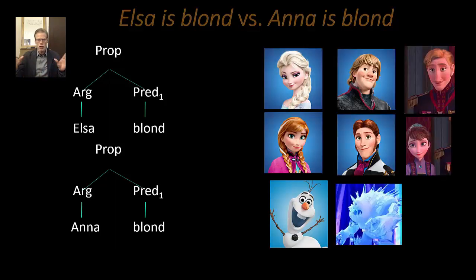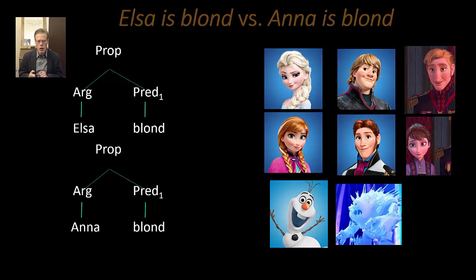So now let's assume a universe where there's only 8 individuals. You see the pictures of those 8 individuals here. Obviously, when we're talking about the real world, we're looking at a much bigger universe of discourse, but this just makes it simpler to assume a very small universe.